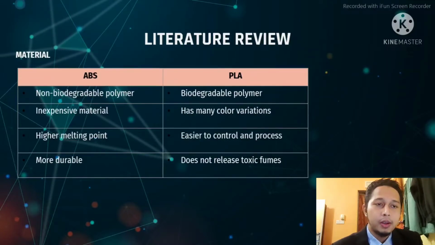On the other hand, polylactic acid, in short PLA, is a biodegradable material compared to ABS. It has less material performance, but it is produced in various colors. It is easier to control and process due to its lower melting point.